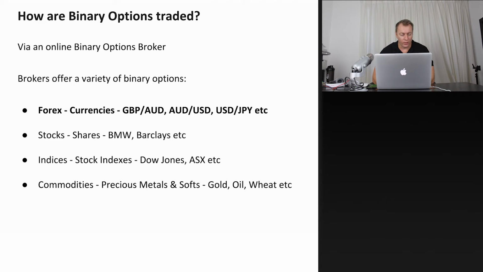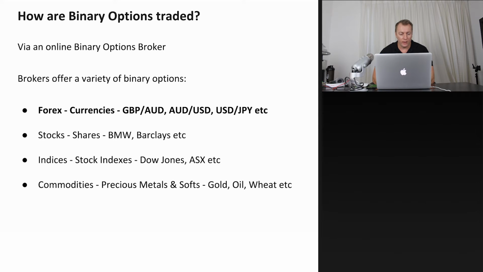There's also stocks or shares, things like BMW, Barclays, etc. There's also indices or stock indexes. This can be things like the Dow Jones or the ASX, the Australian Stock Exchange. You can trade those as well.